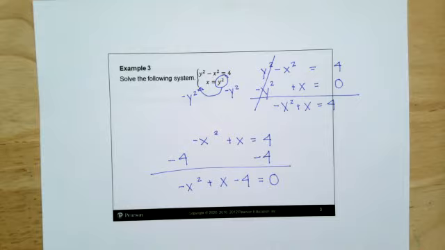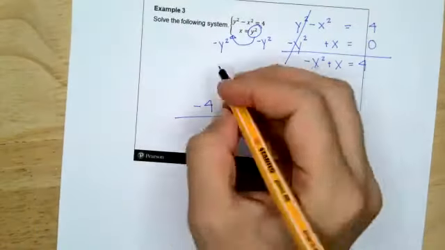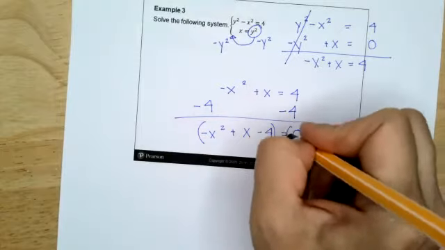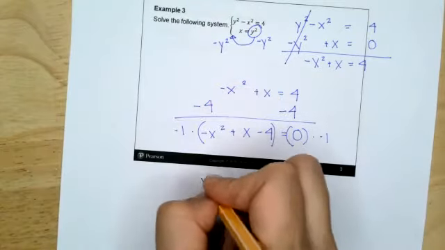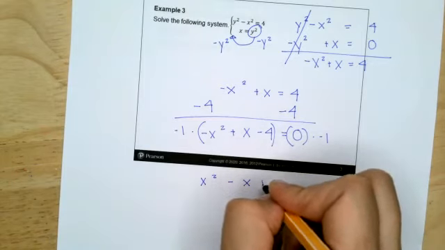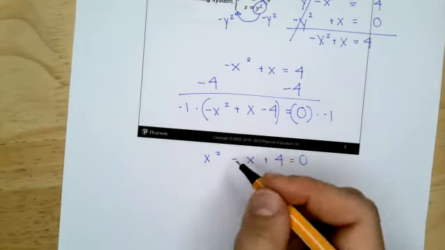If you don't like your first term being negative, you can change the sign of all of them. Multiply by -1, multiply by -1. Now I have x squared minus x plus 4 equals 0. Either of those is fine.